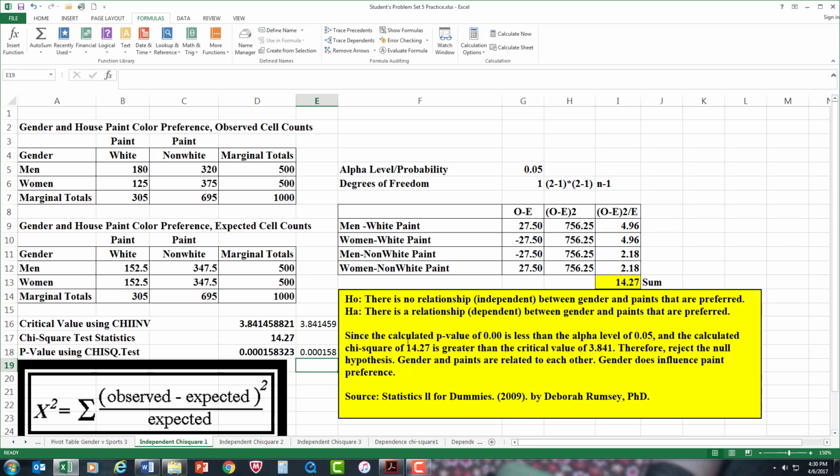So, since the calculated p-value of 0.00 is less than the alpha level of 0.05, and the calculated chi-square of 14.27 is greater than the critical value of 3.841, you know to reject the null hypothesis. And also, just to let you know, your degree of freedom is 1 and your alpha level is 0.05.